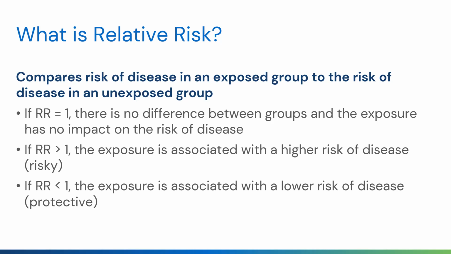Similar to the odds ratio, if you have a relative risk of 1, there is assumed to be no difference between groups, and the exposure has no impact on the risk of disease. If it's over 1, the exposure is associated with a higher risk of disease. That's the risky group. And under 1, the exposure is associated with lower risk of disease.